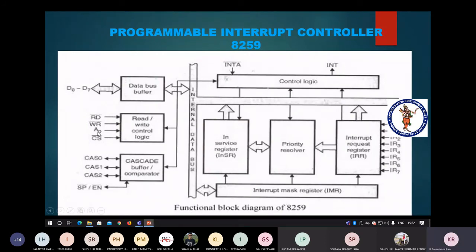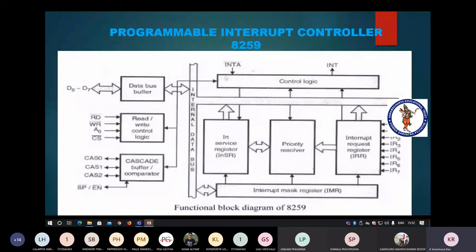A0 of the 8259 is connected to A1 of the 8086 processor. This one differentiates which command instructions are selected.